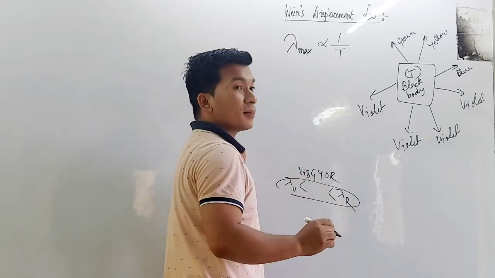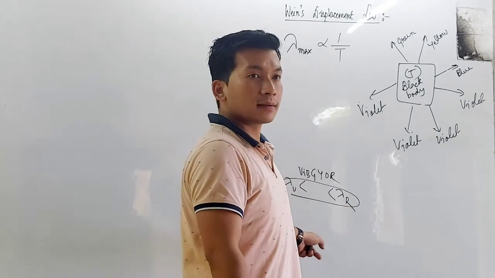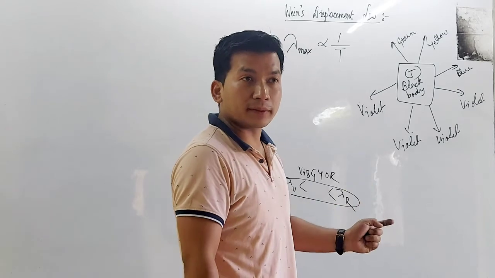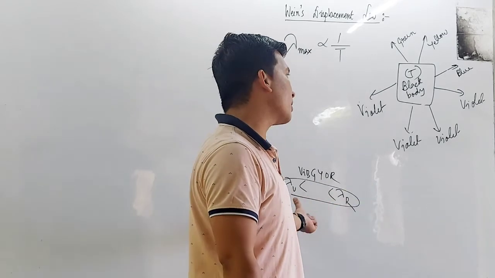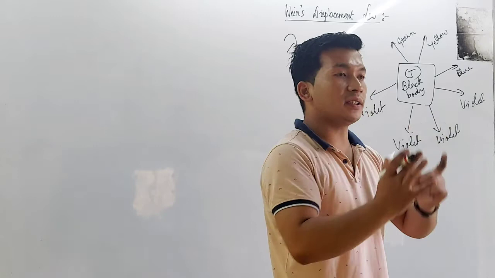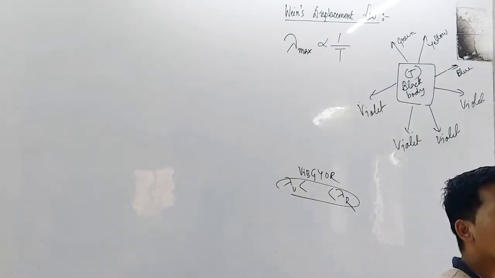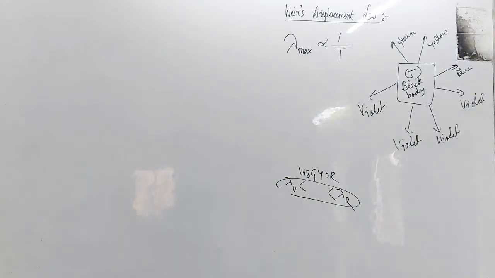We are not discussing the nature of the color or the light. We are just discussing the quantity of the radiation. The quantity of the radiation produced will be of violet for this particular example.